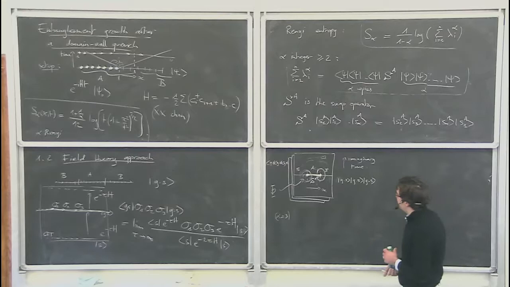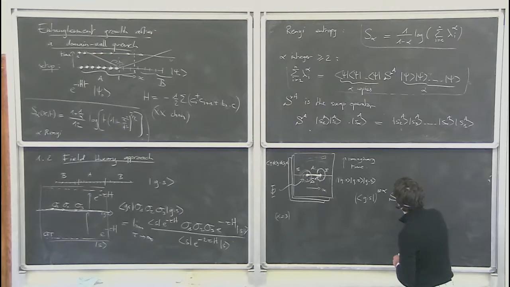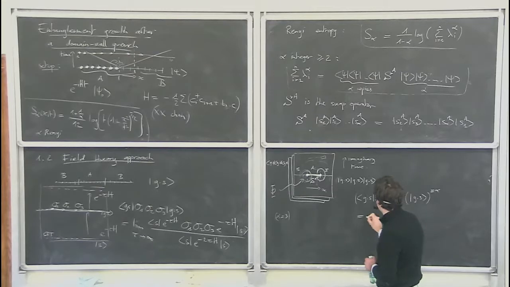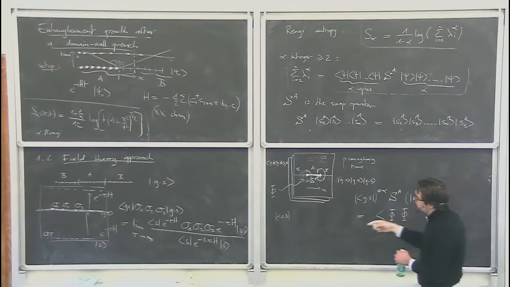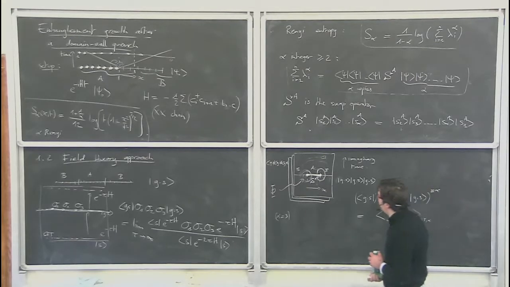So in other words, we are going to replace the expectation value of the swap operator in the alpha replicas of the ground state by a two-point correlation function of the two topological defects in the conformal field theory replicated alpha times.